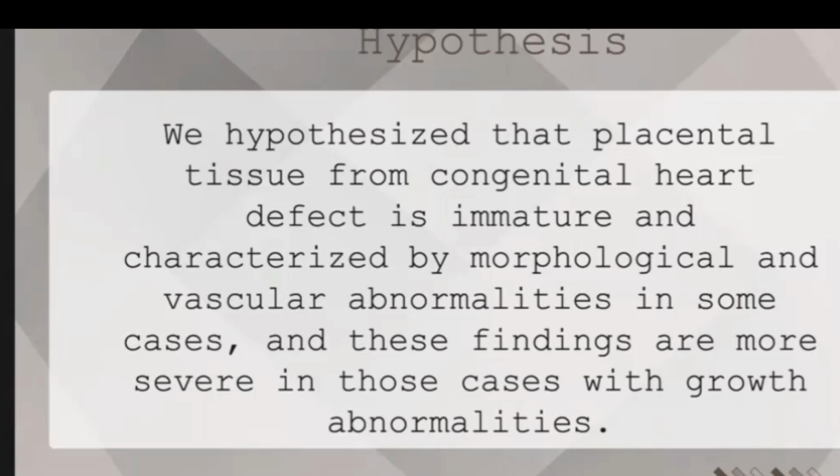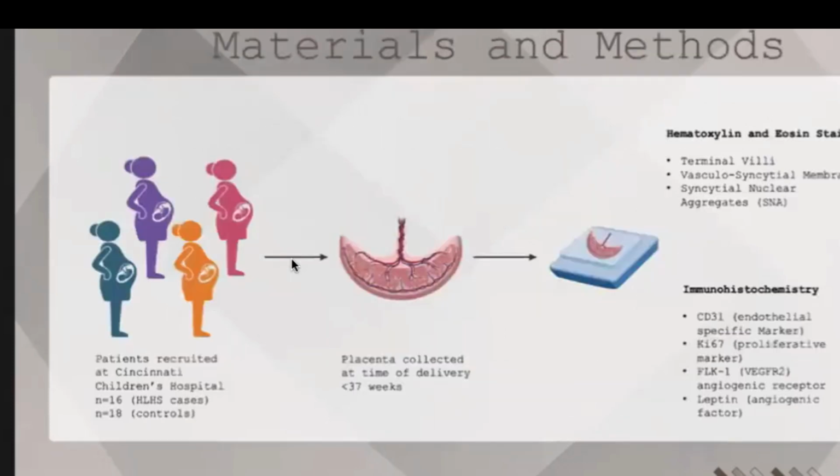As you can imagine, I didn't previously mention this, but no matter the race, when fetuses have congenital heart defects, they do have a higher incidence of being small for their gestational age. So in this paper, they recruited patients at Cincinnati Children's Hospital.